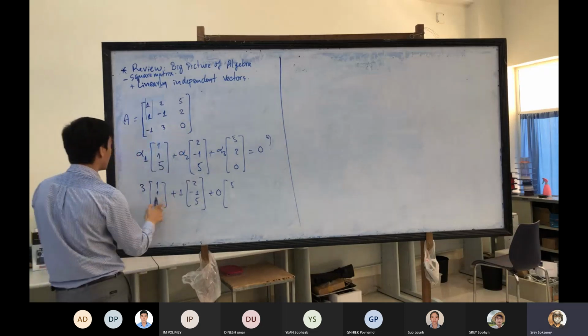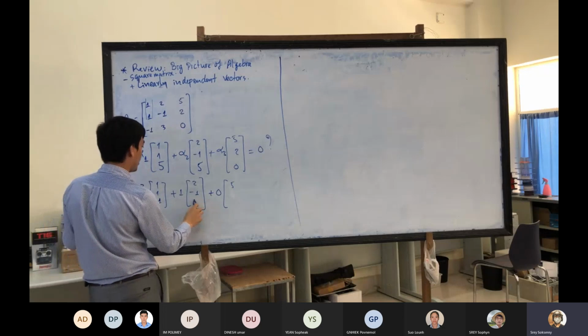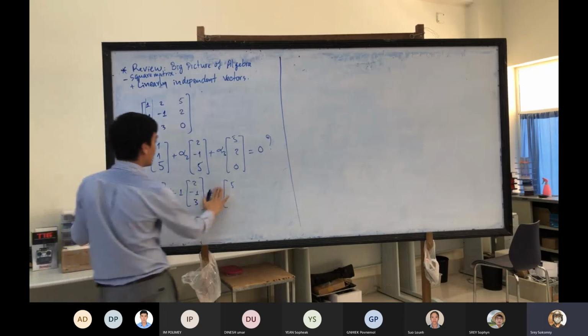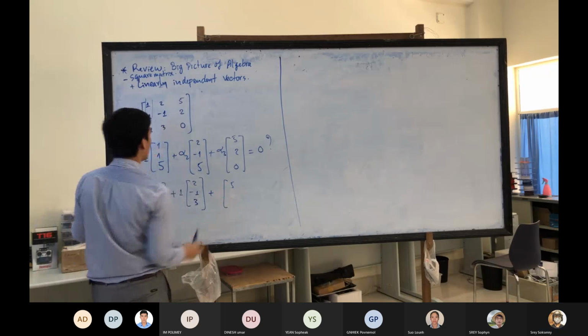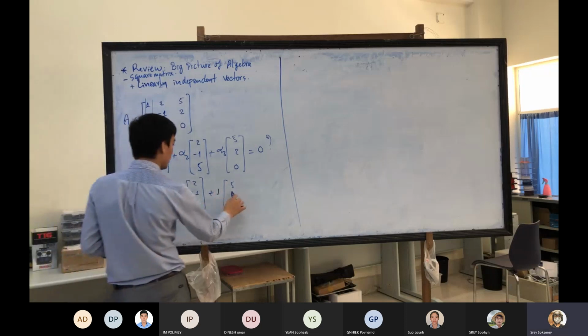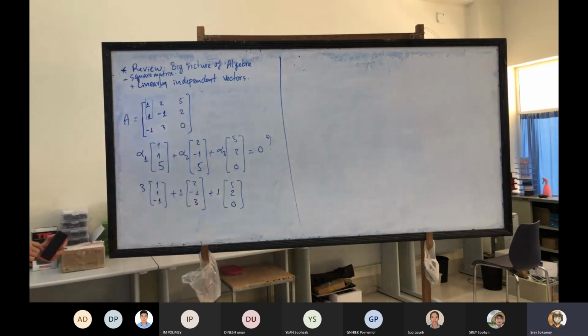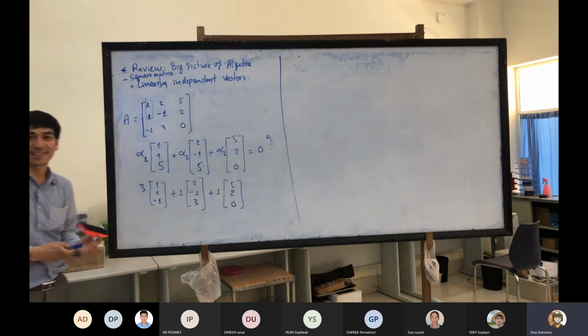So I choose this one is minus 1, and then I choose here is 3, and then here 1. So I got this (2, 0), like this. Equals 0 now.